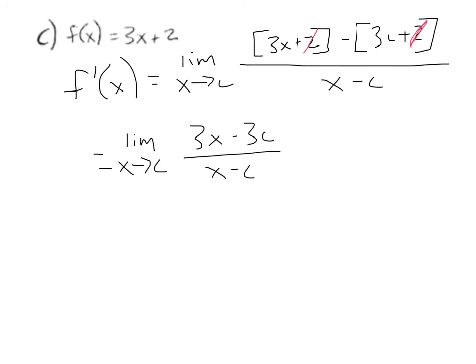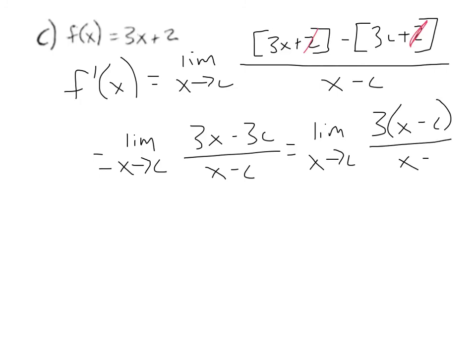Still can't just plug a c in for the x's. I still have that denominator to worry about, but I can do a little factoring. So I can factor a 3 out of both parts on the top, so I have an x and a c left behind.